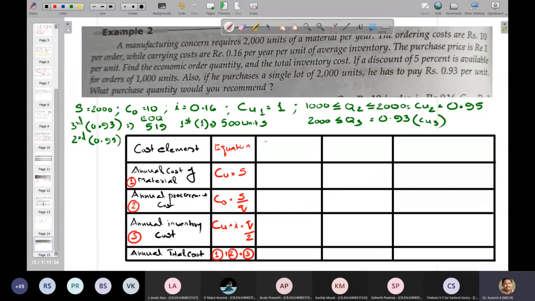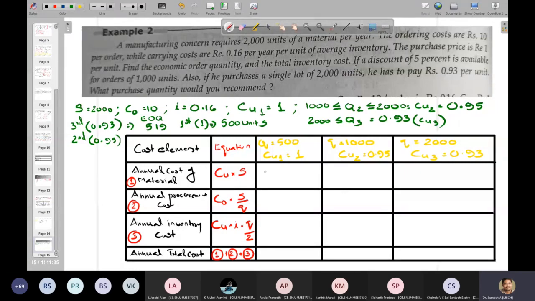One is Q equals 500 and CU1 is 1. Next is Q equals 1000 and CU2 is 0.95. Third is Q equals 2000 and CU3 is 0.93.